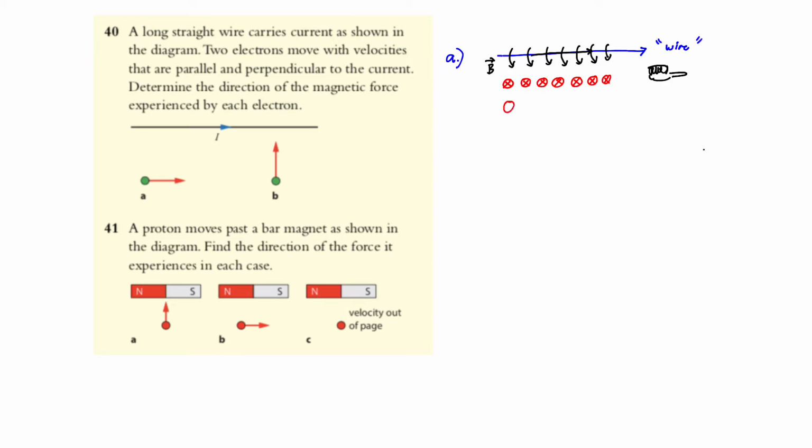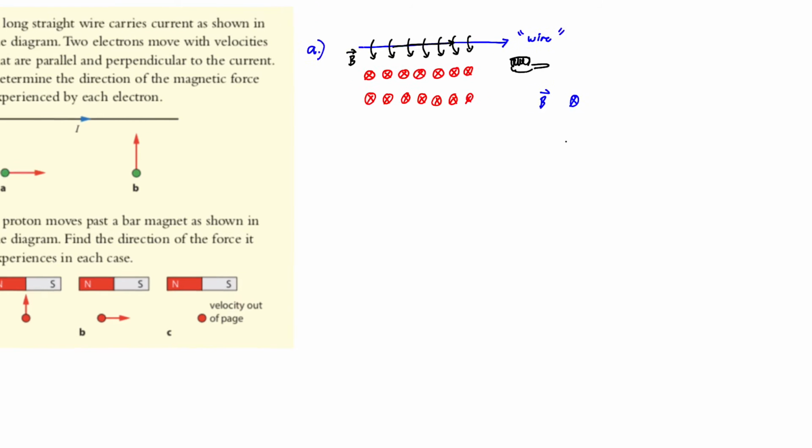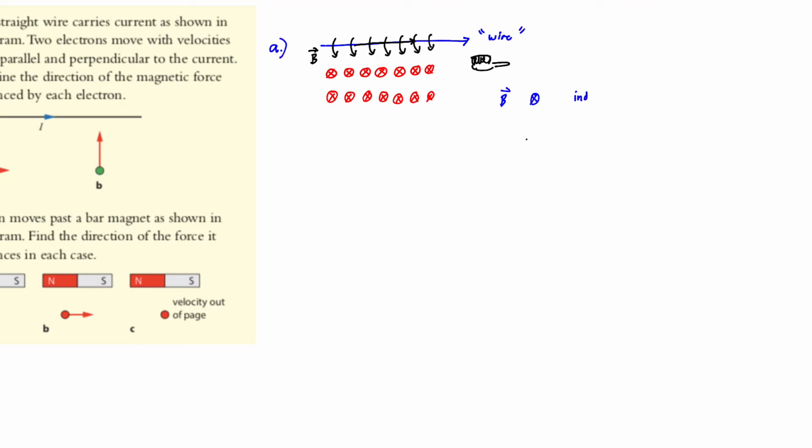This time we will represent the magnetic field as into the page, so the B field is into the page, and therefore our index finger will be into the page.